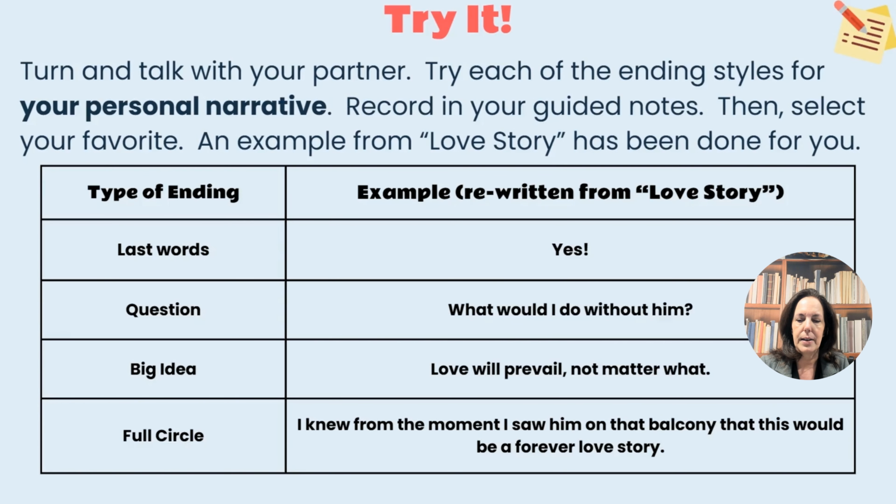What would I do without him? The big idea. Love will prevail no matter what. That's actually what I would consider the theme of the story. Full circle. I knew from the moment I saw him on that balcony that this would be a forever love story. Pause my video, go back to your personal narrative, and try each of these ending types.